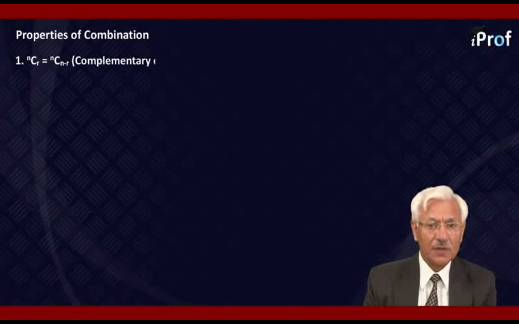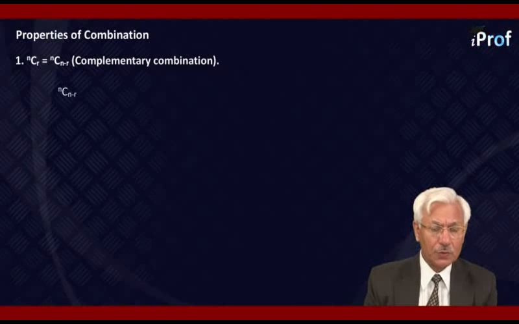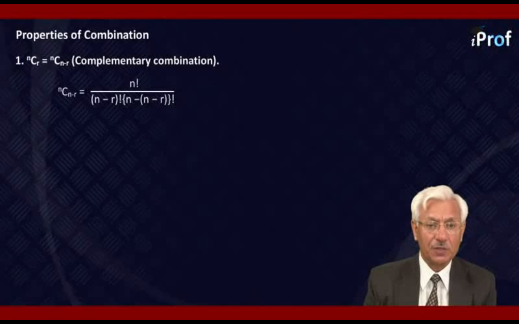It is because they are called complementary combinations. That is, nC(n minus r) is equal to n factorial divided by n minus r factorial into n minus r factorial. Using the above definition, we get n factorial divided by n minus r factorial into r factorial. That is equal to nCr.